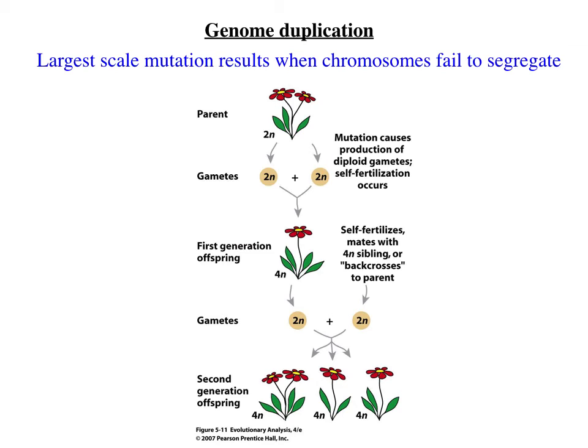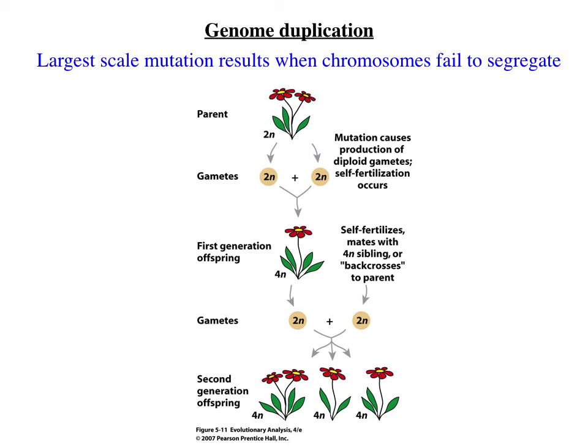And as this diagram shows you, if you look there, that mutant organism produces gametes that are 2n. Two gametes fused together, you get a first generation of a tetraploid, or four-ploid, organism; ploidy means set. So this individual can then self-fertilize, or possibly backcross with parents or mate with siblings, right?